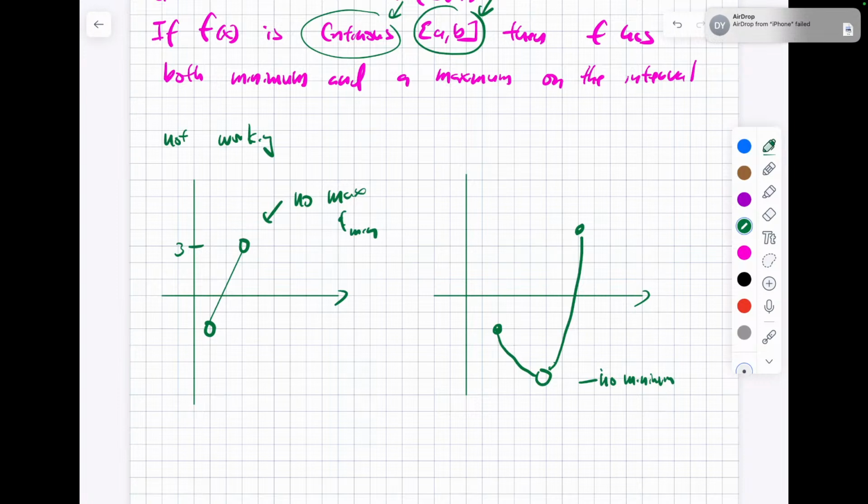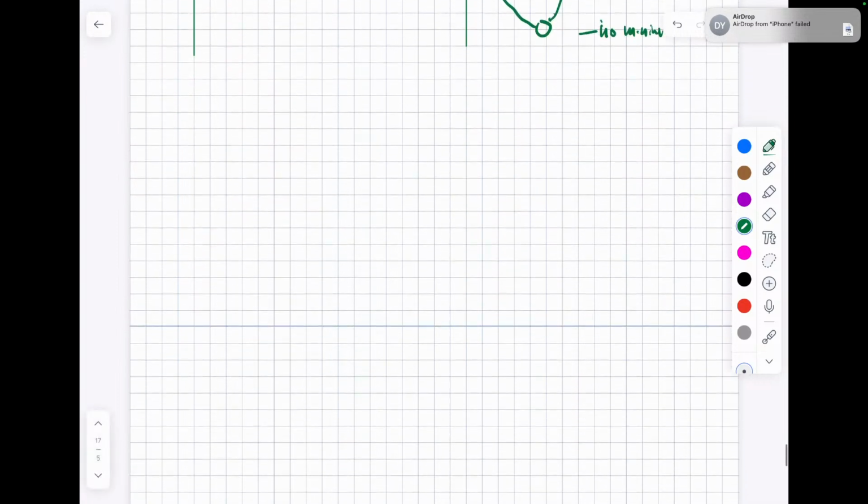Okay. So the way that works is it has to be something like this. So this is continuous.